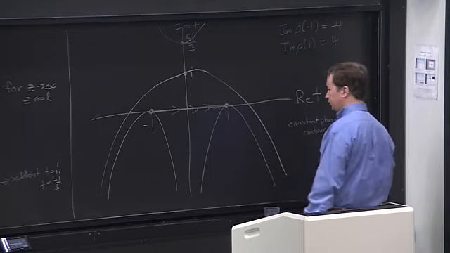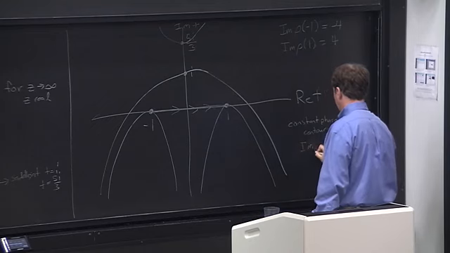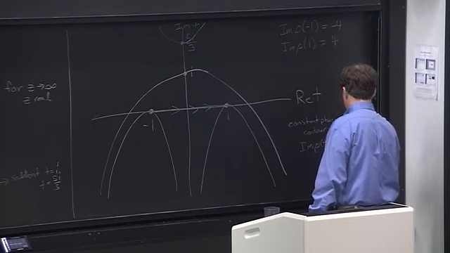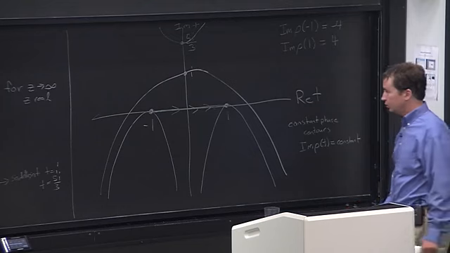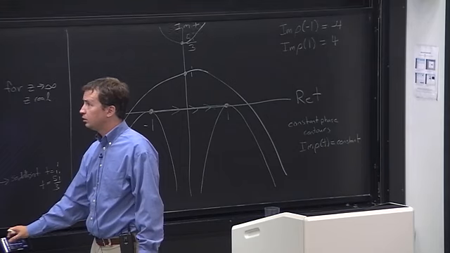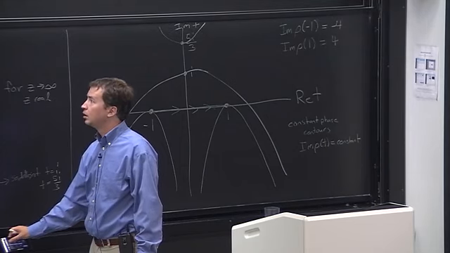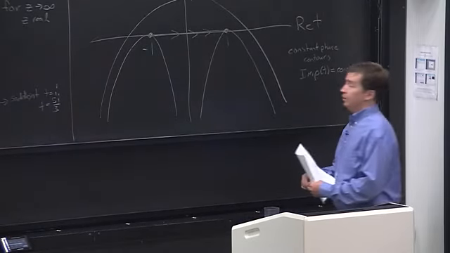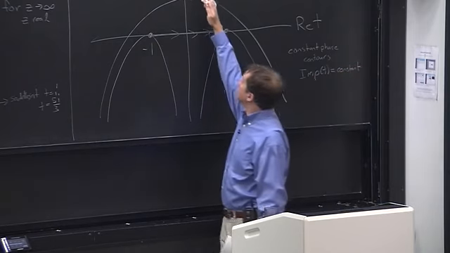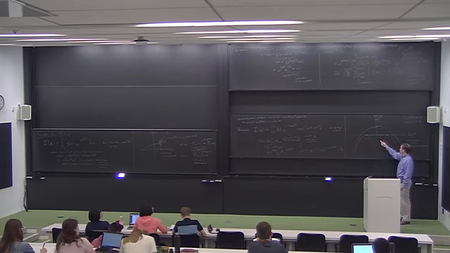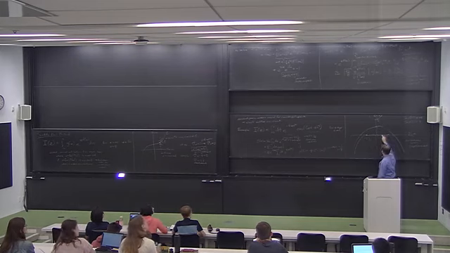These are the curves that solve imaginary part of rho of t equals constant. And what we see, we just look at these contours. We can immediately guess what the correct contour should be. So this contour is the contour we're interested in.